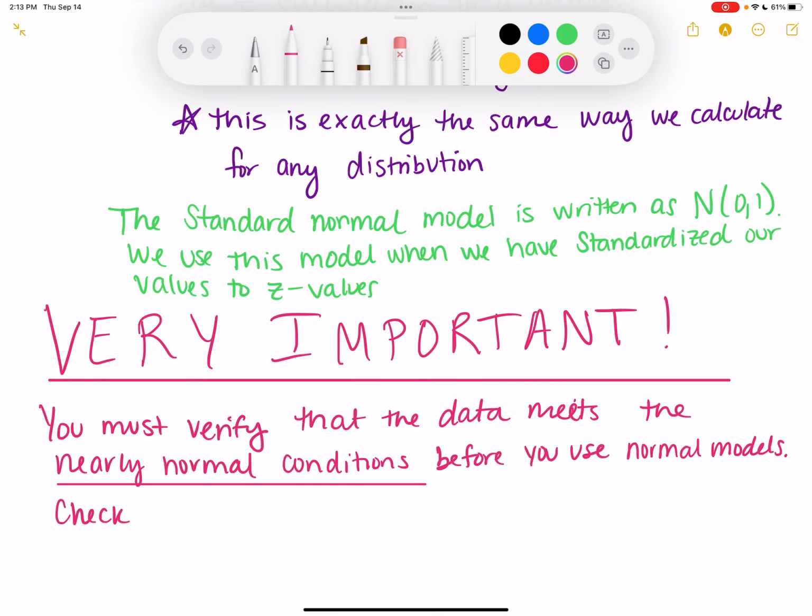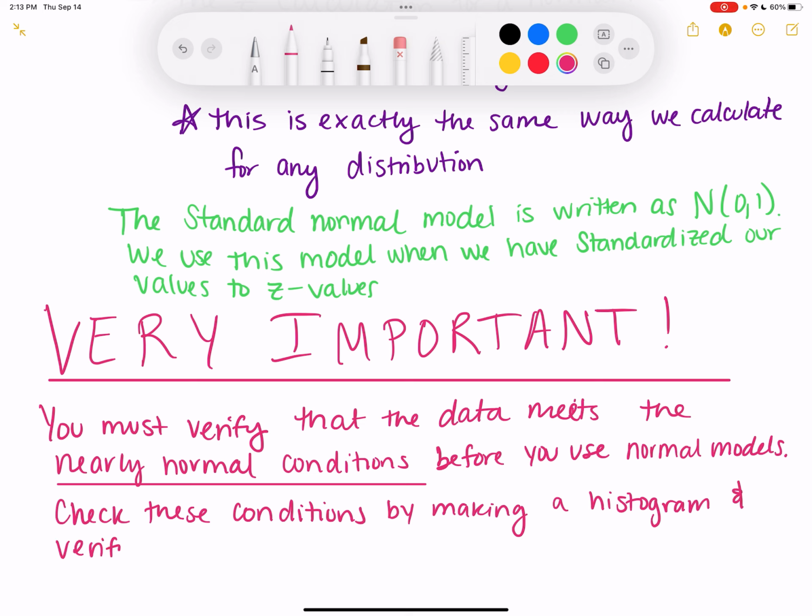Check these conditions by making a histogram, and verifying that it is unimodal and symmetric.